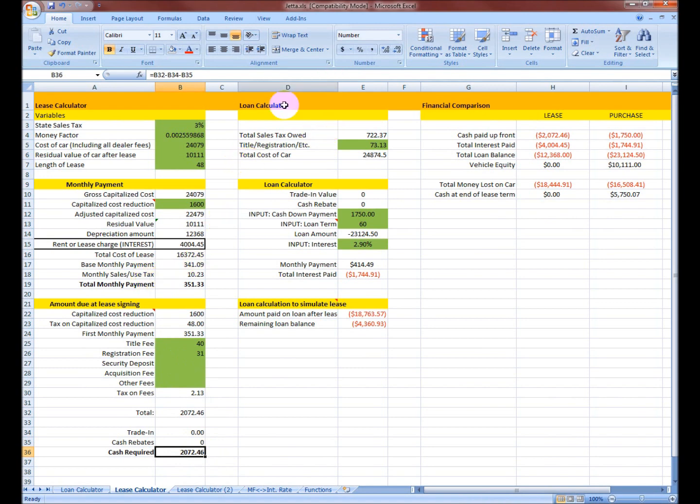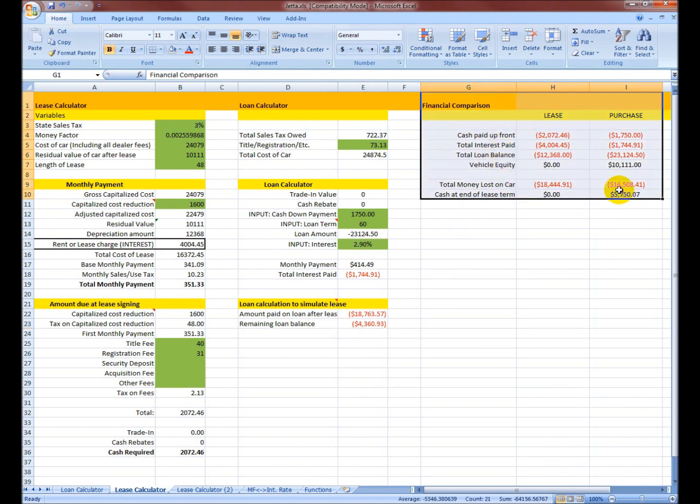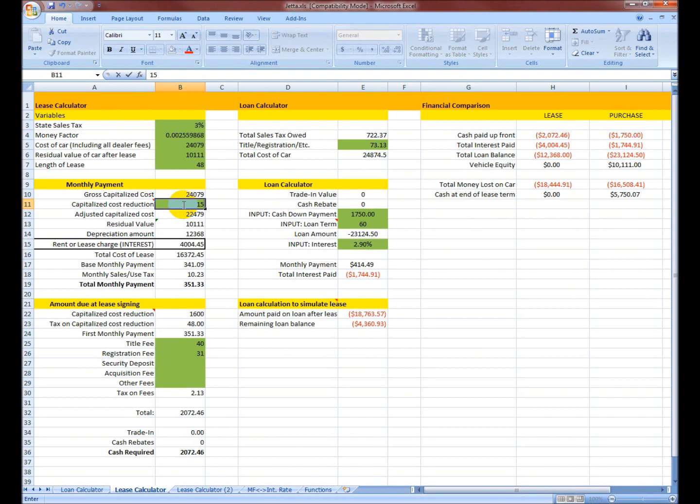On the second part of my super fancy spreadsheet, I created an equivalent calculator if you were to buy the car. The last half of this is a comparison between leasing and purchasing and the different values there. So what I want to do is create equal terms on both sides. Let's say cash required 1750 for the lease, and if we're considering buying the car, we also do 1750.